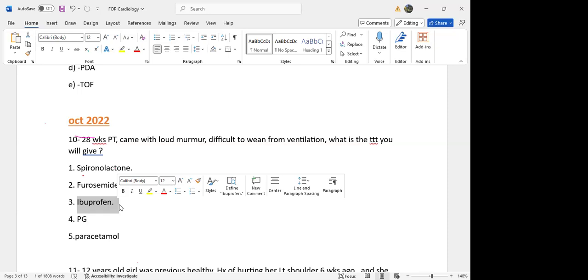The first line treatment is still ibuprofen. If the first attempt of ibuprofen fails, then they give ibuprofen a second time. If the second time fails, only then do they give paracetamol. This is the change according to the NICE guideline.